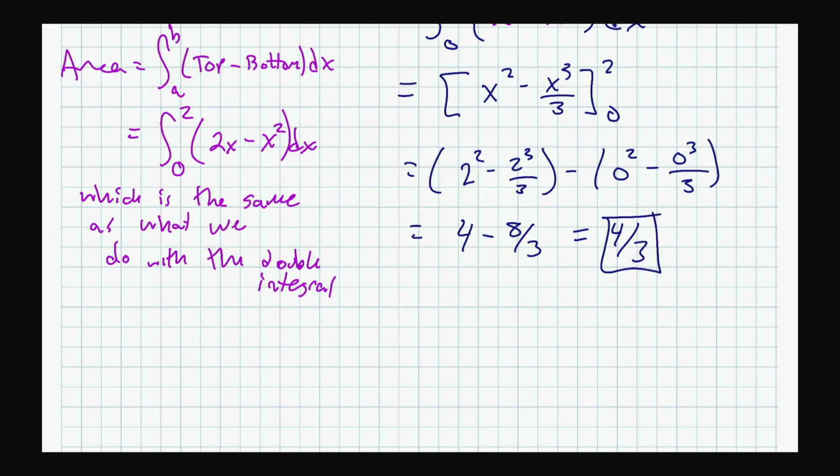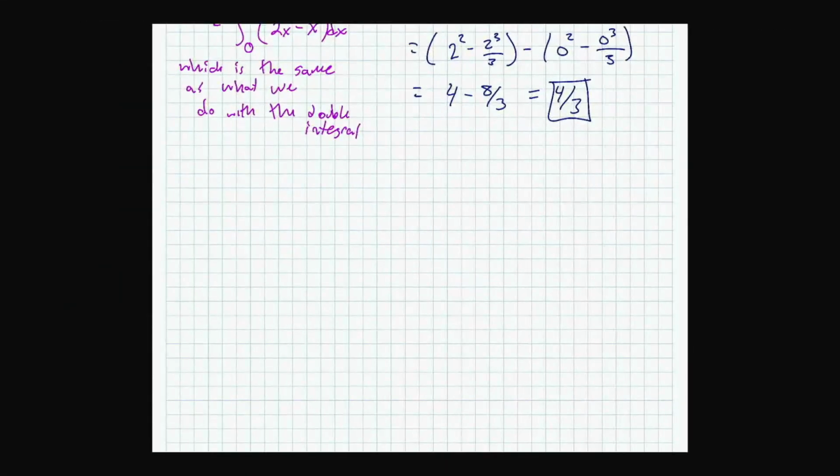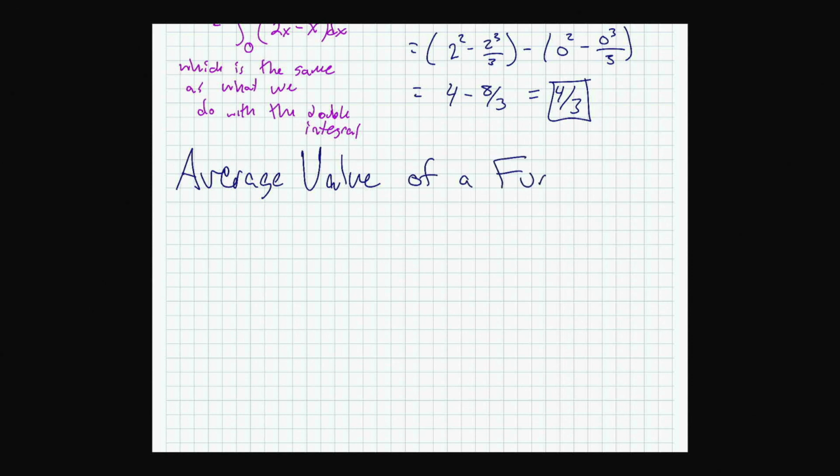Okay. Another thing we can do, which we haven't done, is average value of a function, which I should have given you this formula in the previous section, I think. But it's here. All right, average value of a function.